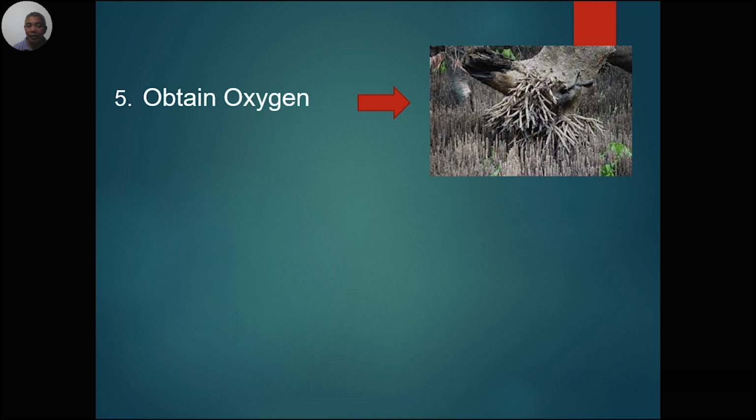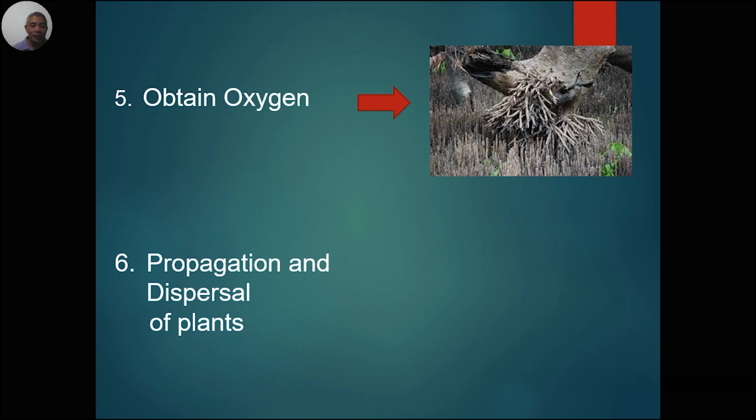And of course, the very purpose of that is to obtain oxygen for breathing purposes and for utilization in the growth and development of the plant. And this can be absorbed through the pores or stomata in the leaves of plants.